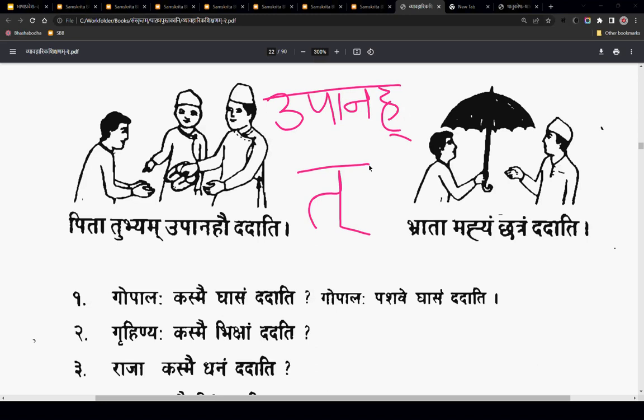Saptami: upanahi, upanahoh, upanatsu. Sambodhana: he upanat, he upanahau, he upanahah.